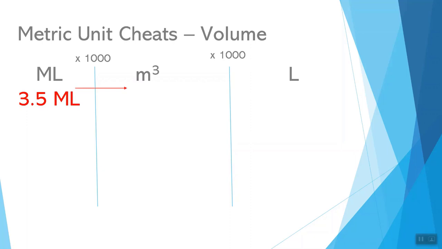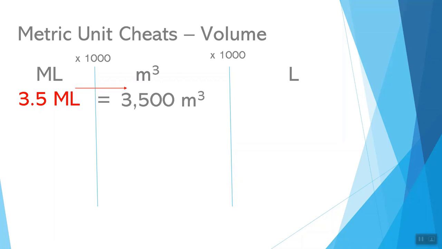So notice you put the megaliters, 3.5, in the left-hand column, and you want to go to the middle column, which is cubic meters, and notice how you're going from left to right. So whatever direction you're going to go, that's where the decimal moves, and you move it 3 spots. So that works out to 3,500.